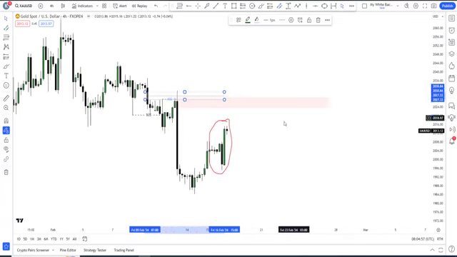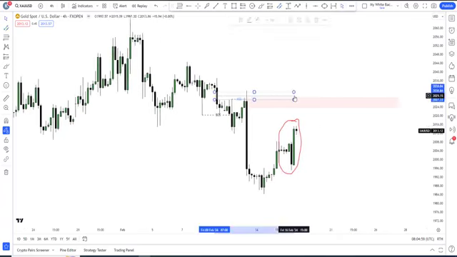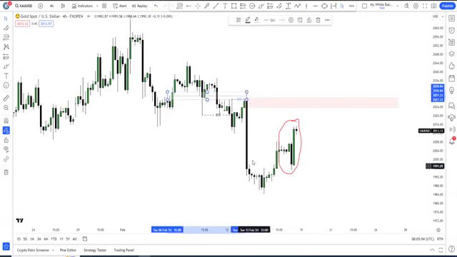So price just targeted the area and then hit that fair value gap before crashing. So you may not see the whole picture in the lower time frames. That is why you need to reduce your data and do your structure within a short environment, and then the higher time frame gives you the entire perspective.